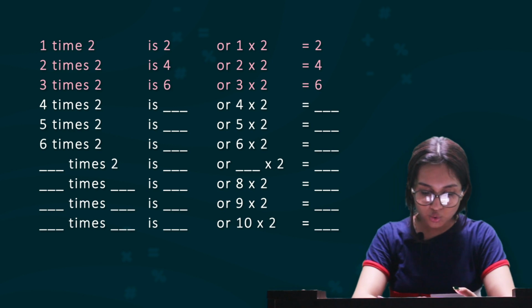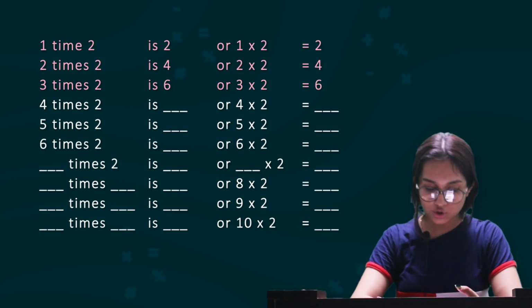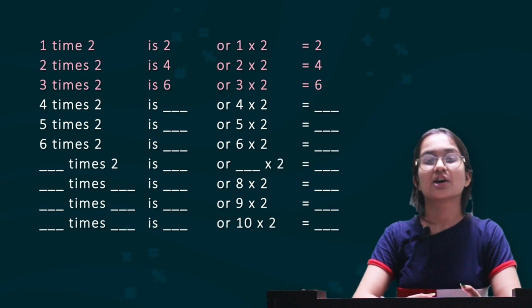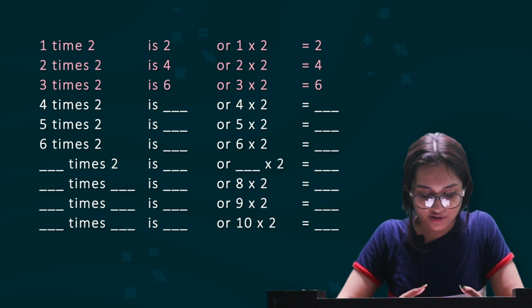Then we have 1 times 2 is 2, or 1 into 2 which is 2. 2 times 2 is 4, or 2 into 2 is equal to 4.